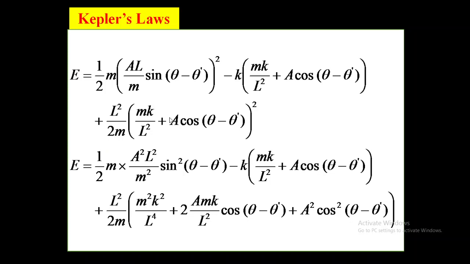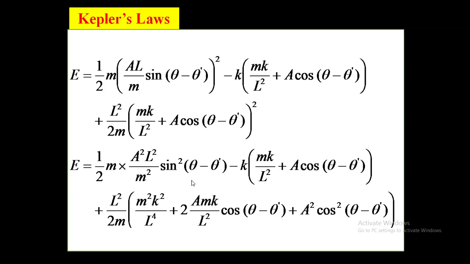The last term is a plus b whole square, that is a square plus 2ab plus b square. So we get m square k square upon L to the power 4, plus 2 mk upon L square into a cos (theta minus theta dash), plus a square cos square (theta minus theta dash).